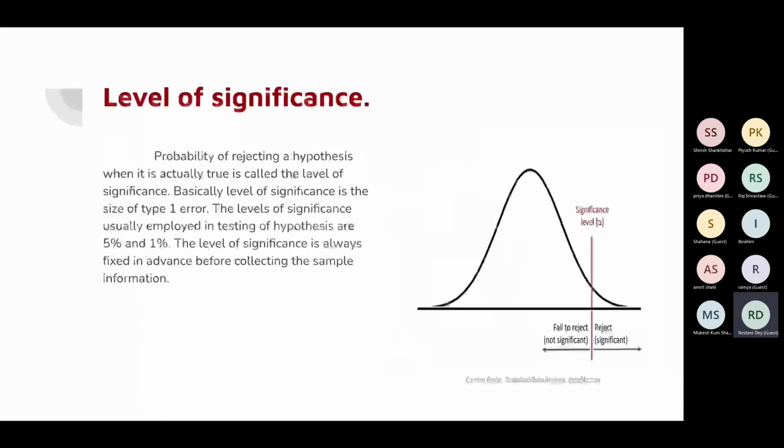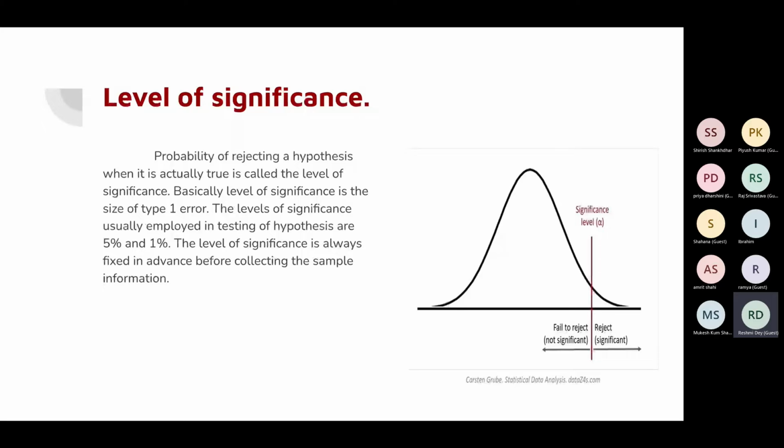Now we come back to level of significance. As I said, the probability of rejecting a hypothesis when it is actually true is called the level of significance. Basically, level of significance is the size of type 1 error. Even in type 1 error, we are rejecting the hypothesis when it is true.